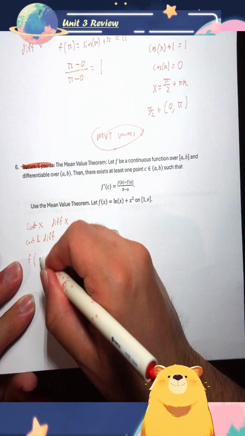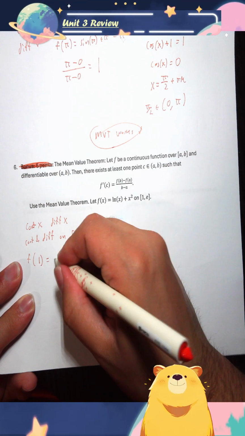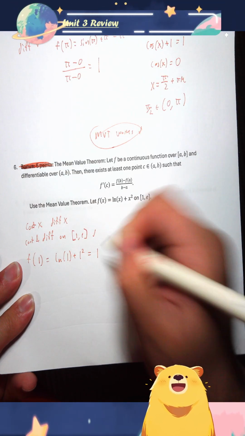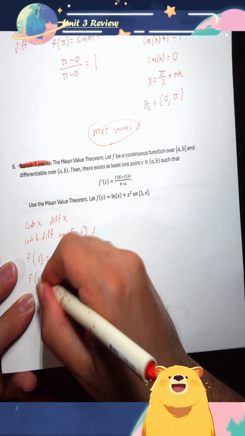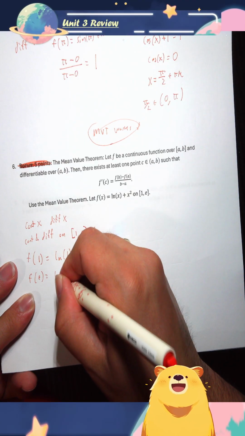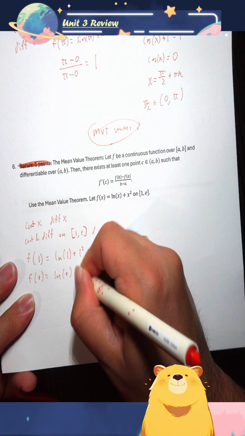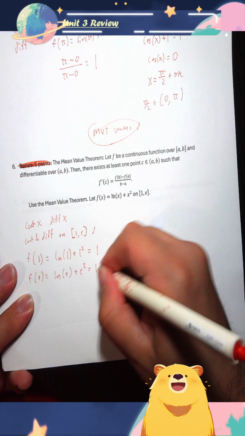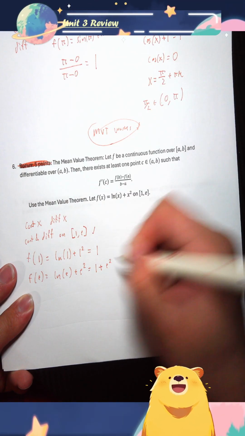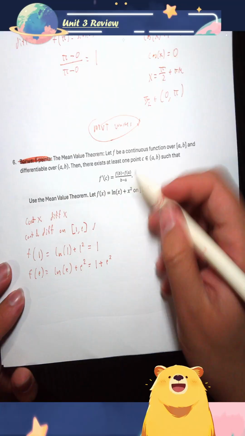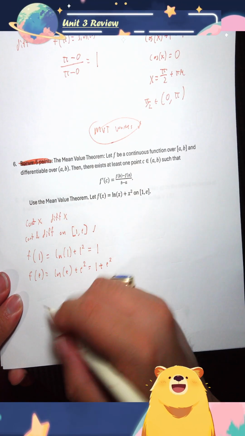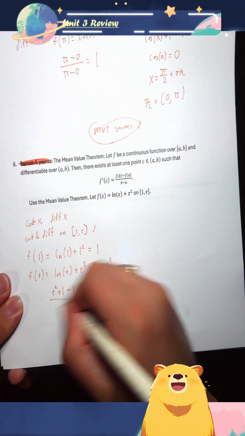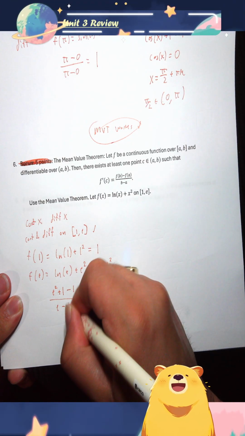So if I find f of 1, I'll get ln of 1 plus 1 squared, which is just going to be 1. And if I do f of e, I'll get ln of e plus e squared, which is just 1 plus e squared. Then I can construct this rate of change. I'll have e squared plus 1 minus 1 over e minus 1.